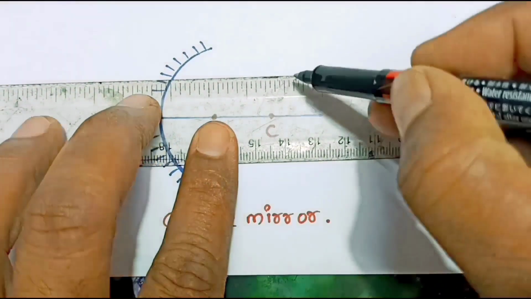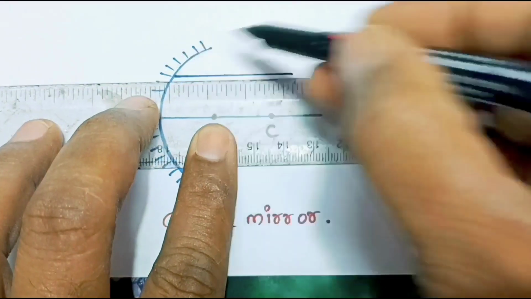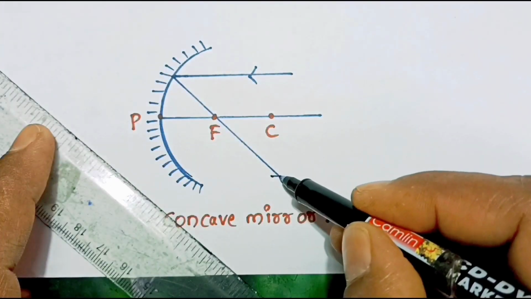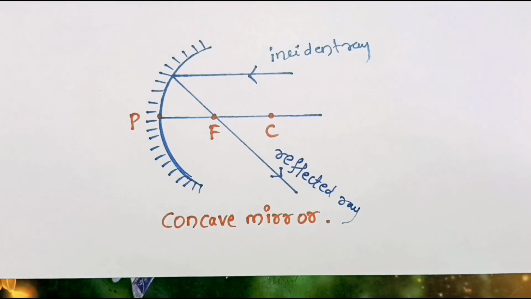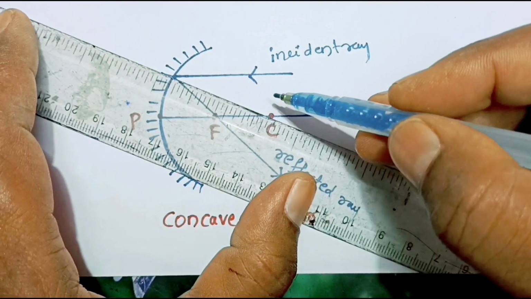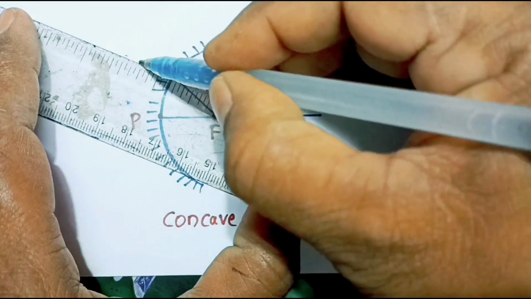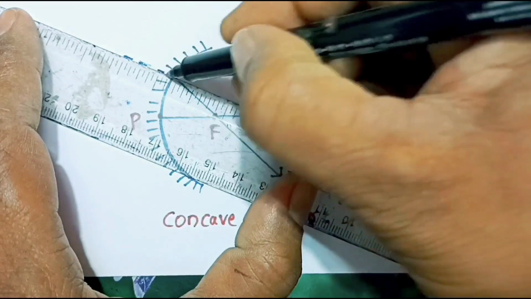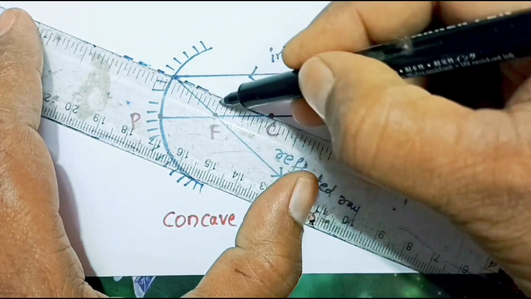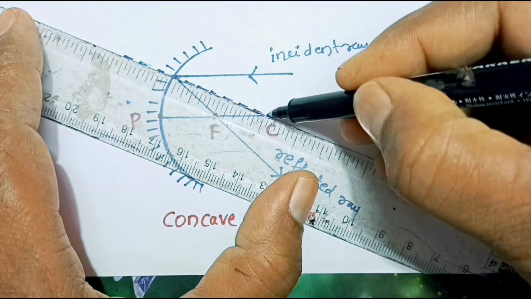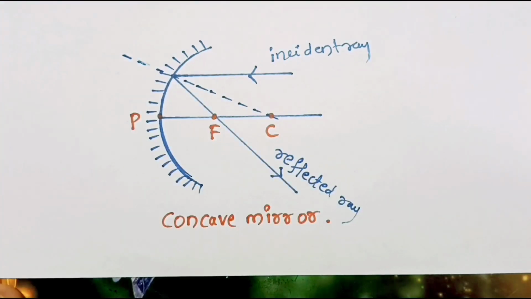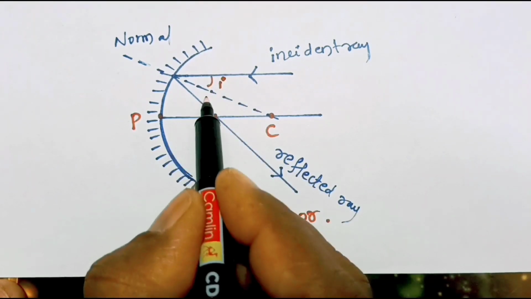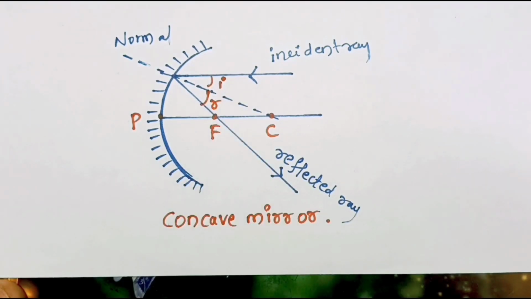Draw the incident ray and reflected ray. Draw the normal from the center of curvature to the point of incidence. There are two angles formed, angle of incidence and angle of reflection.